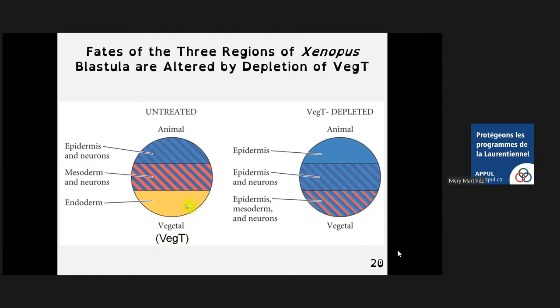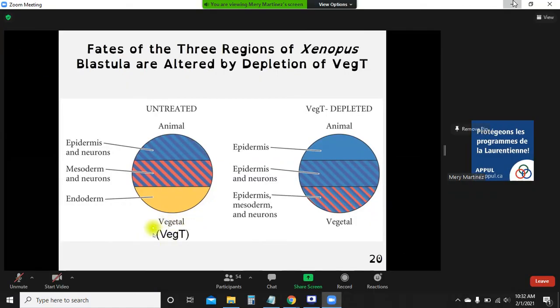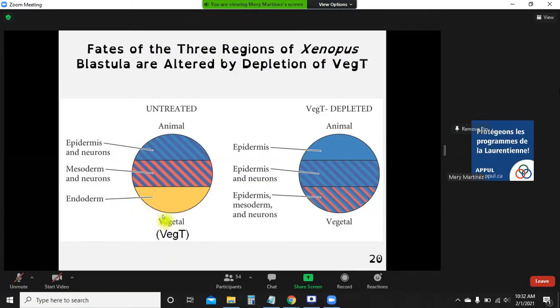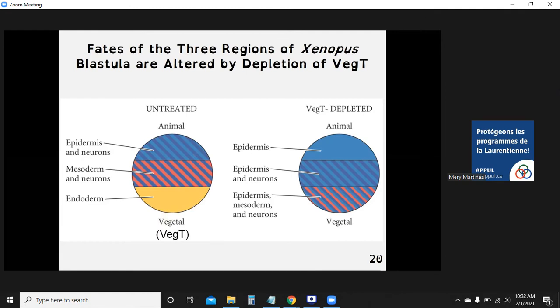So it becomes really predominant in this vegetal pole during cleavage. So as the cells start dividing, VegT is really expressed in the vegetal hemisphere. And this is what is important in the induction of the endoderm and mesoderm, as we see in the image.